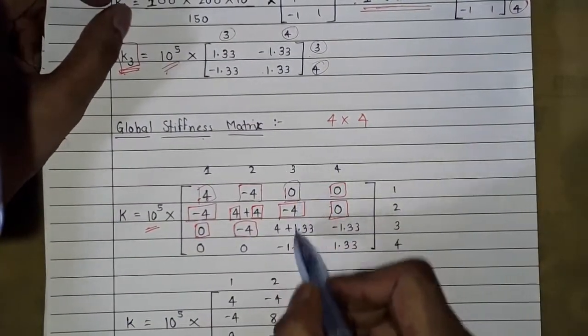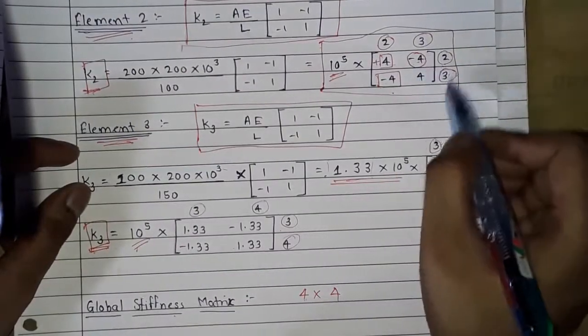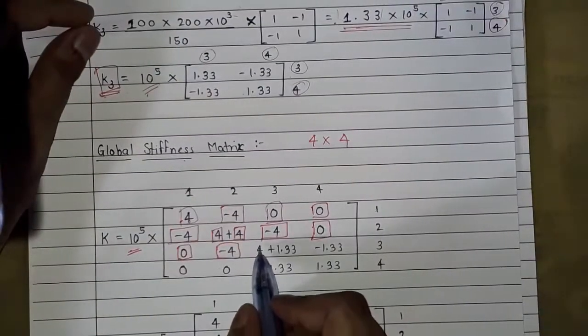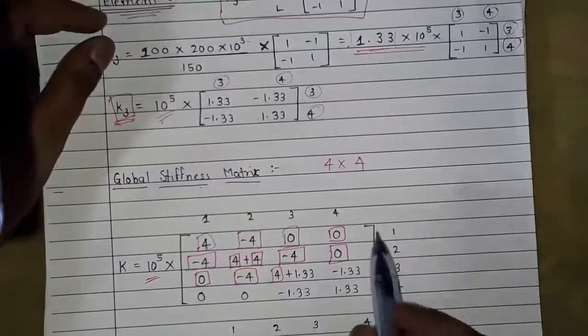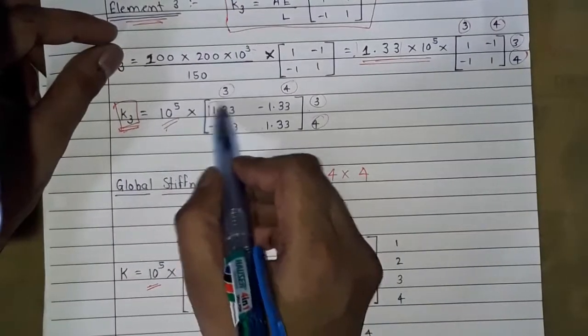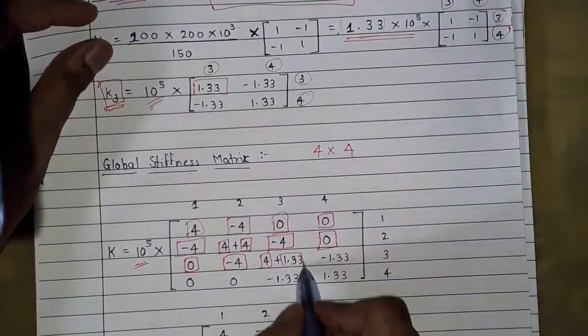Now for third column third row, in the K2 we have the value 4, so we put here 4. Now there is also third column third row in K3 which has value 1.33, plus we will add it here.